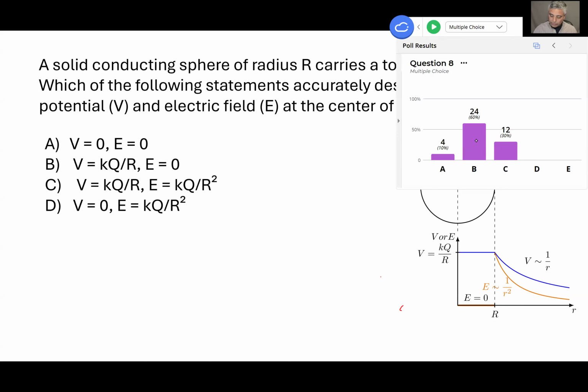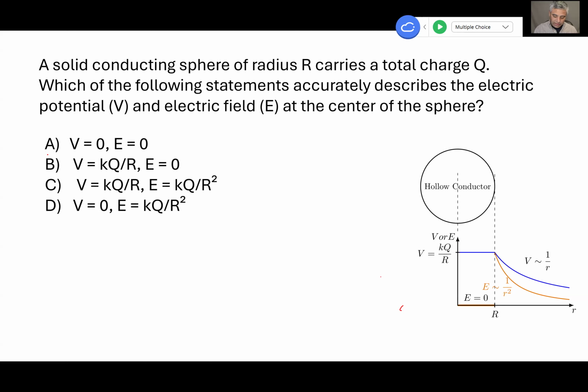Let's see, how did we do? Mostly B, and that is correct. That's what we said in the previous one. Some of you thought otherwise, but that would be lowercase r. The radius is uppercase R, and once it goes outside, that would be lowercase.